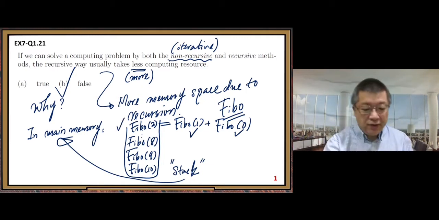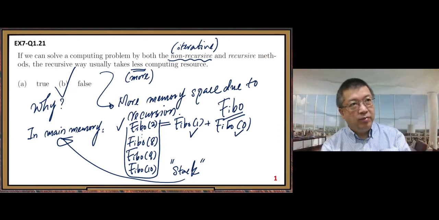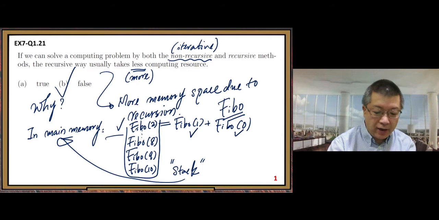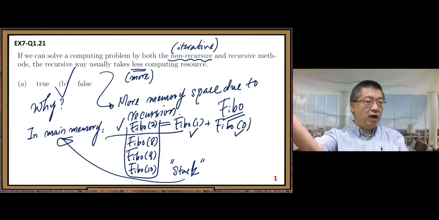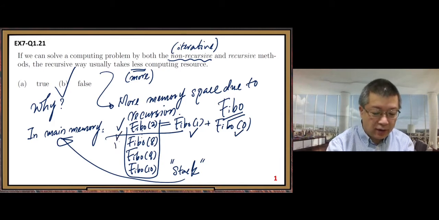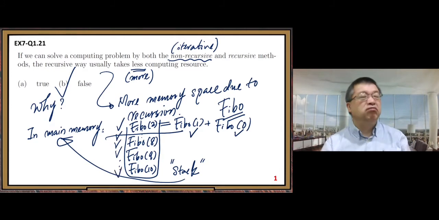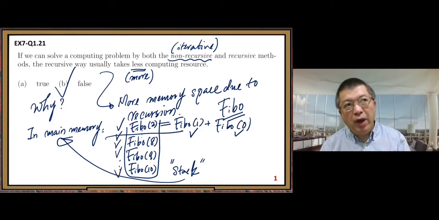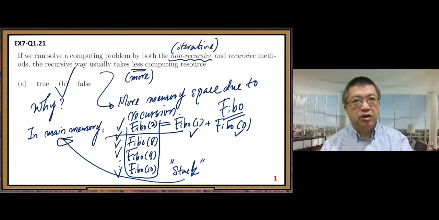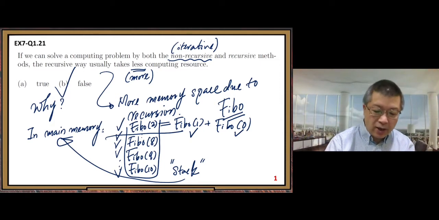With that value, you pop up from the stack, right? Because the value is known. Then you use that one to calculate the next one, and one by one, finally you reach the bottom. In that way, you implement the recursion inside the main memory through that stack.